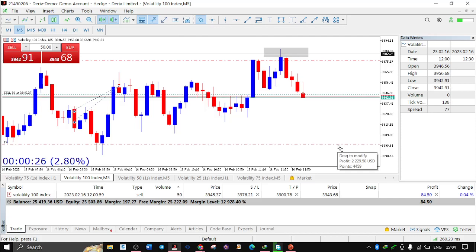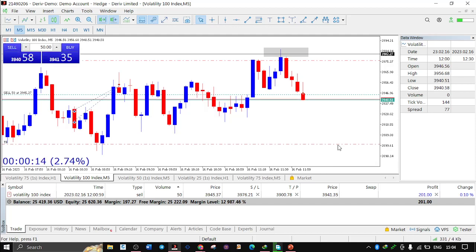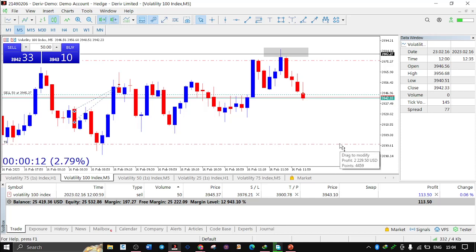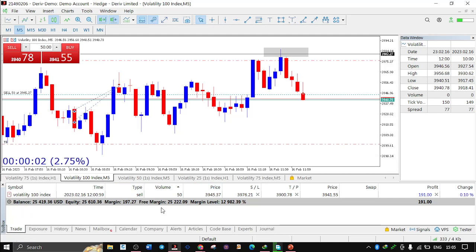You're seeing the points on the screen where I've put my cursor. There is a drag to modify. Are you seeing the points down there? Or if that is very hard, are you seeing the toolbox?